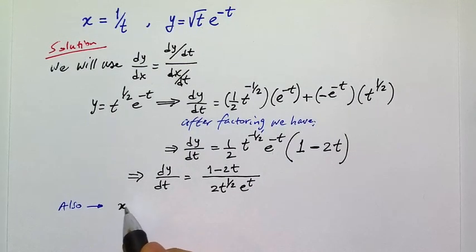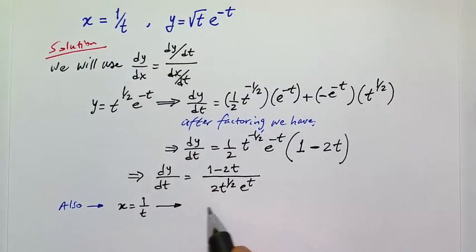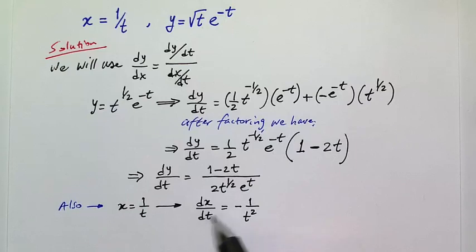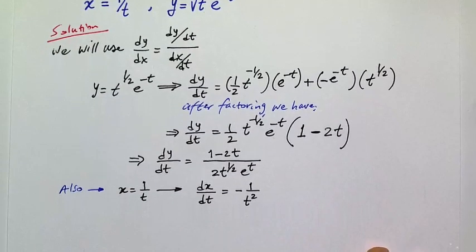So also, we have x as 1 over t, therefore we can just say dx/dt is simply minus 1 over t squared. I'm pretty confident that you all know how to do this, so I'm not giving so much detail about this. Okay.